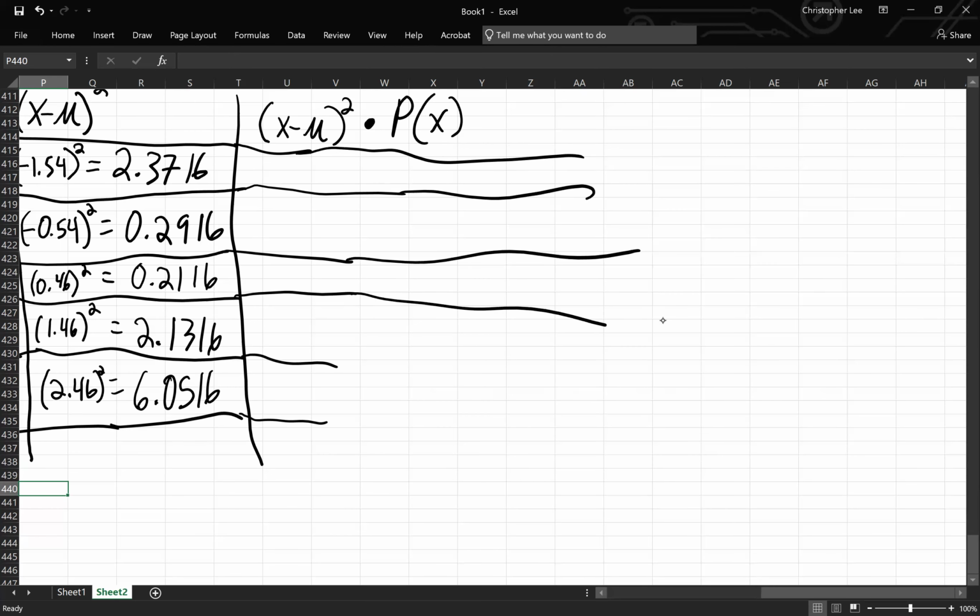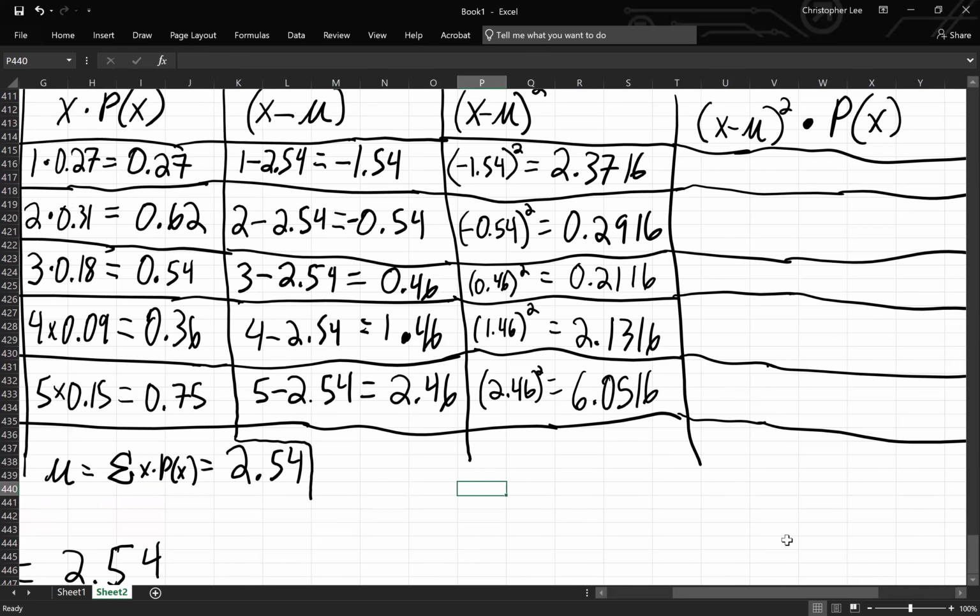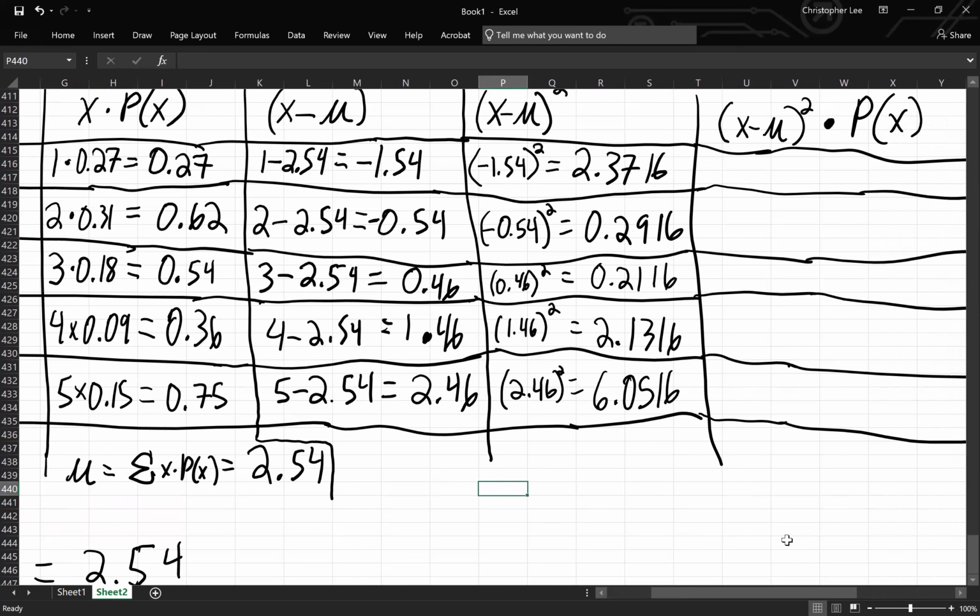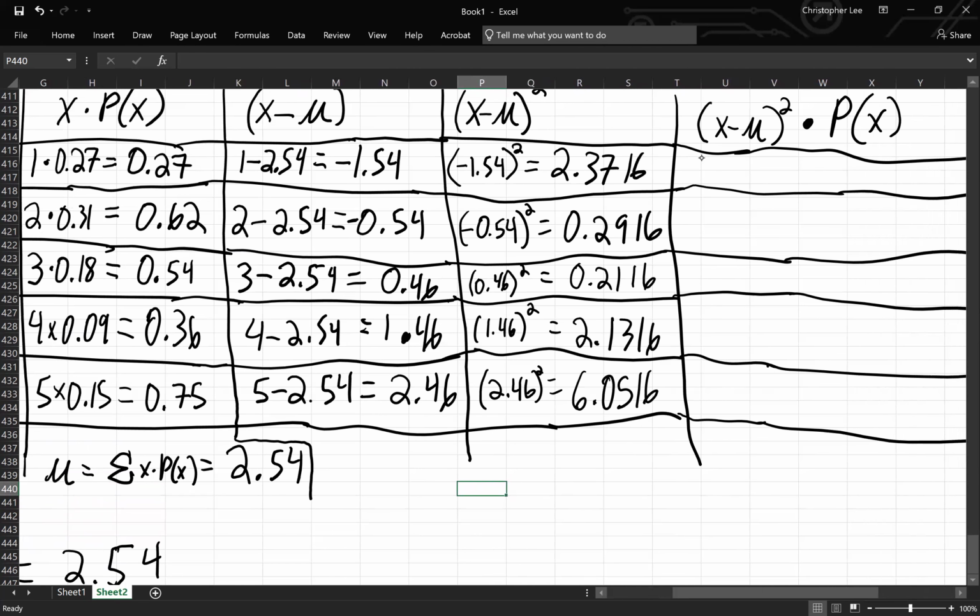So, for example, the first one is going to be 2.3716 times the 0.27. What's that answer? The next one is going to be 0.2916 times the 0.31. The next one is going to be 0.2116 times the 0.18.